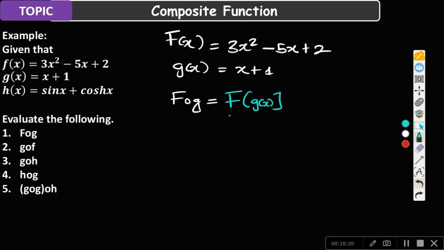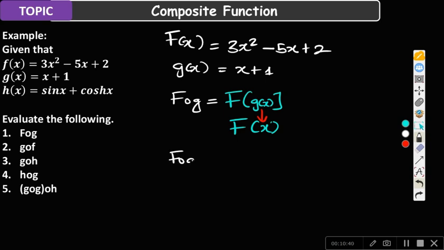Now what this means is wherever you see x in f of x, put in the value of g of x. Wherever you see x in f of x, put in the value of g of x. So in this case, what is our f of x?